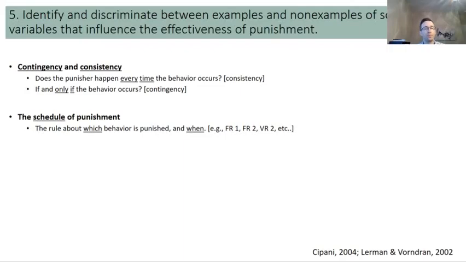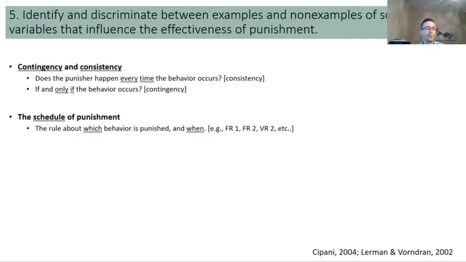Now, if you want punishment to be very effective, you want to deliver it every single time that the behavior occurs. And gradually you can start to fade out punishment by not delivering it every time the behavior occurs, but initially you have to. And a lot of times that's a breakdown in the effective use of punishment, that folks are not consistent and they don't deliver the punisher every time the behavior occurs.